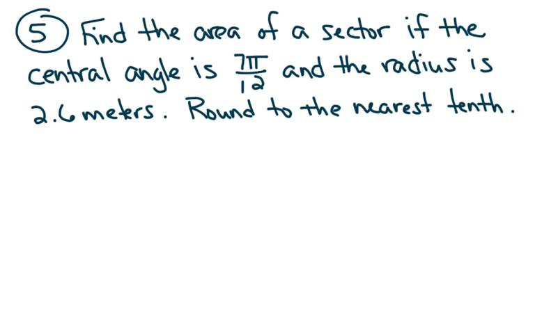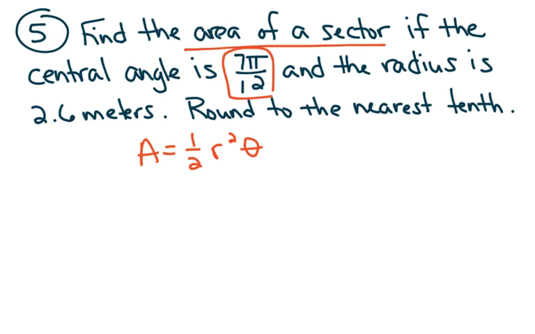Number 5, find the area of a sector if the central angle is 7 pi over 12 and the radius is 2.6 meters, round to the nearest tenth. So first, I'm going to use the area formula. And I want you to notice that the angle is already in radians. That means I don't need to change it first.